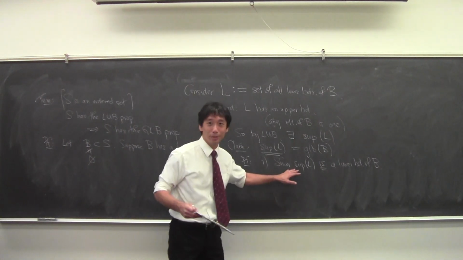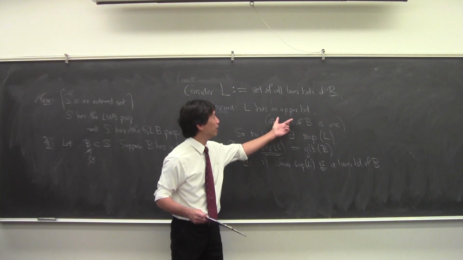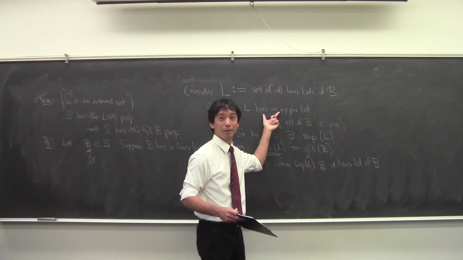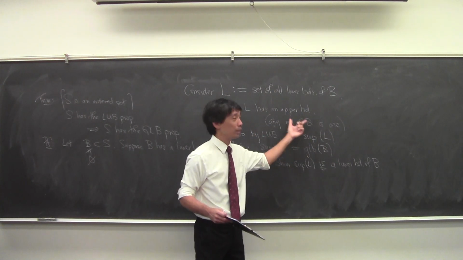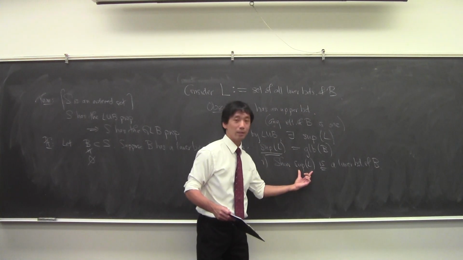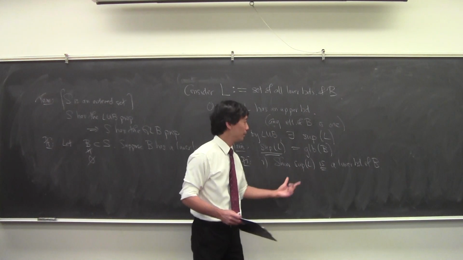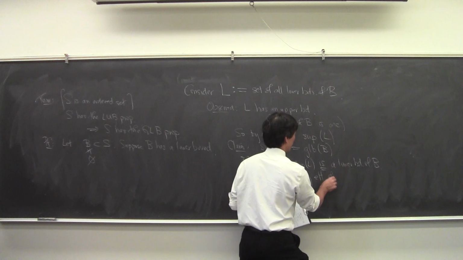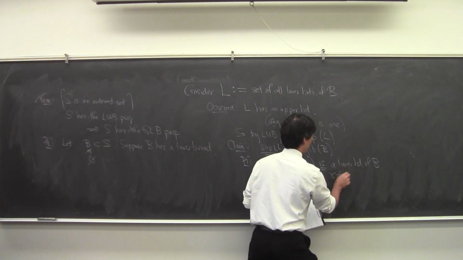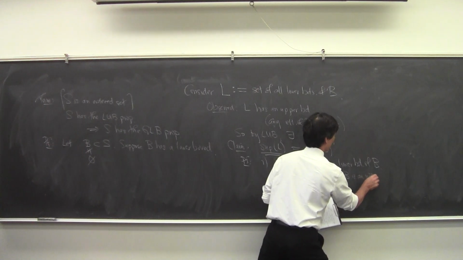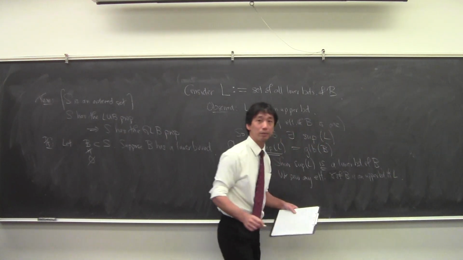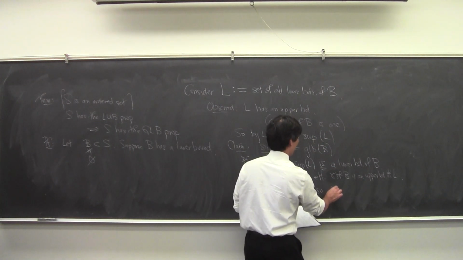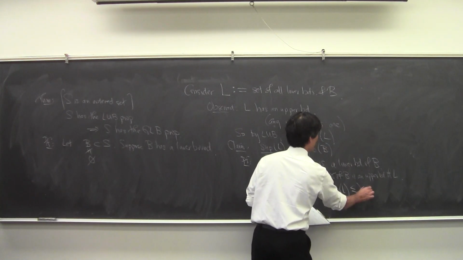Right? So why is that true? Well, what we said before is that any element of B is an upper bound of L. Any element gamma of B is an upper bound of L. Well, the supremum is the least upper bound of L, so it's going to be less than it.